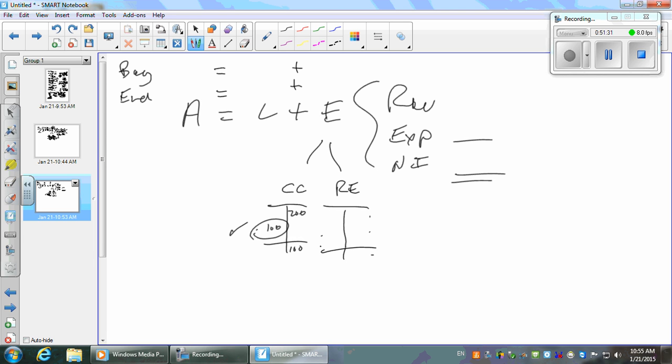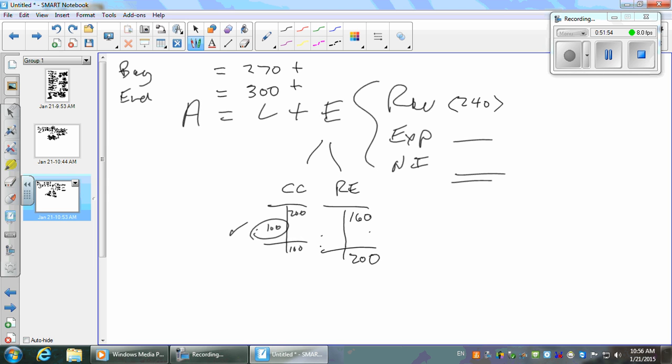You know the revenues are 240, right? Okay, that's a credit. We know liabilities started at 270, right? And we know the retained earnings at the beginning are 160.